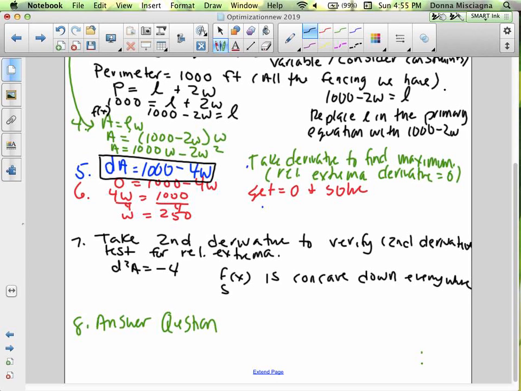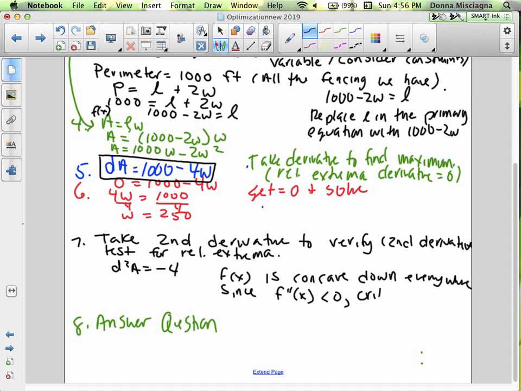And since the second derivative, f double prime of x, is less than 0, our critical point, let's put critical point.